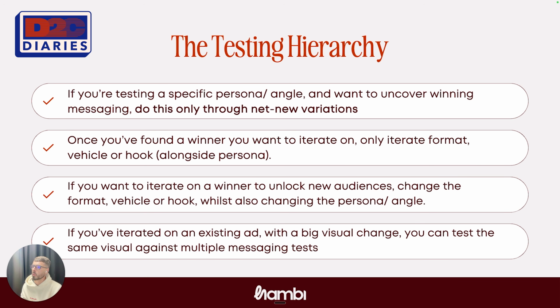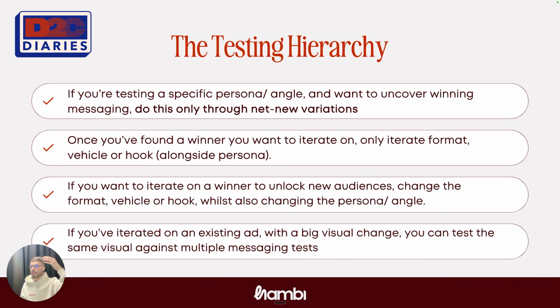If you want to iterate on a winner to unlock new audiences, change the format, vehicle, or hook, whilst also changing the persona or angle. So if I've got a top spender, I'm like, okay, I'd like to test this against a different persona. Let's say that in the first 3 seconds, we've got a screenshot overlay of a woman in her 30s, and it's a green screen concept with a woman in her 30s.